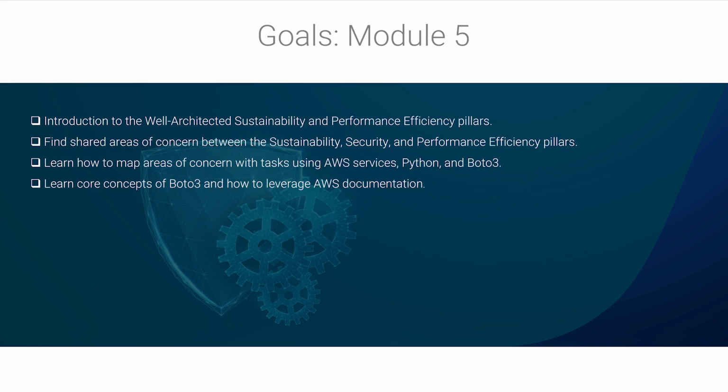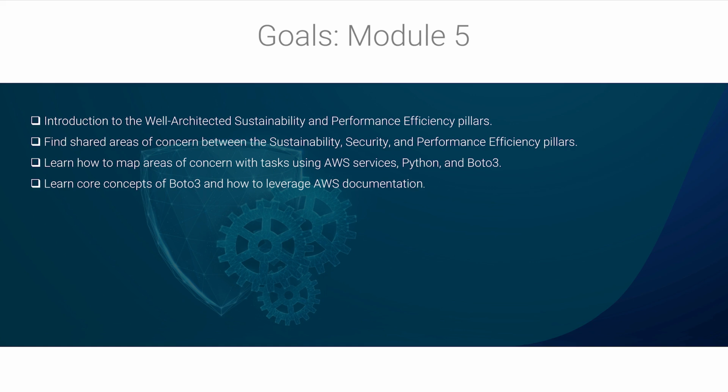Section 5, Module 5. This is going to be focused on the sustainability and performance efficiency pillars. So this section is actually addressing two different pillars. We'll be comparing those two pillars with the security pillar to find shared areas of concern and see what kinds of best practices we can automate.